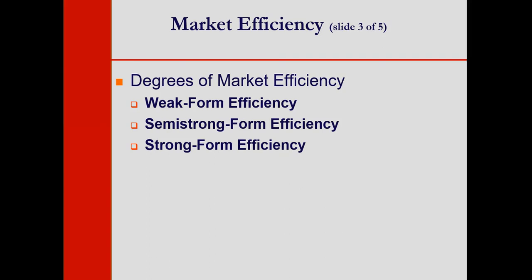Everybody has already reacted instantaneously to those announcements. So the stock prices reflect the impact of that publicly available information along with the past prices. And you cannot make any abnormal return by acting on that, because everybody has instantaneously acted and the stock price is already reflecting that information.